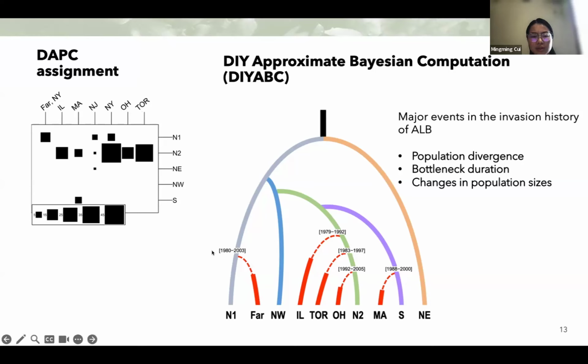And those years, first, we give prior knowledge to this model based on previous literature and according to the biology of this species. And eventually, it estimates the posterior parameters.